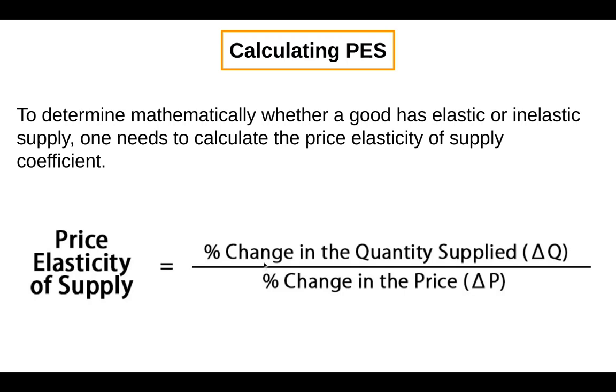Here, you do not need absolute value. The reason being, this answer is always going to be positive. Why? Because there's a direct relationship between quantity supplied and price. They either both go up or both go down. You can do absolute value if it helps you, but you're still going to get the same answer.